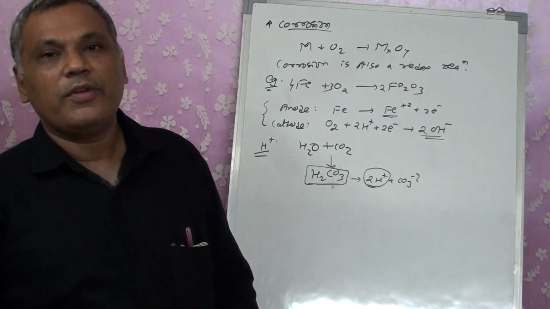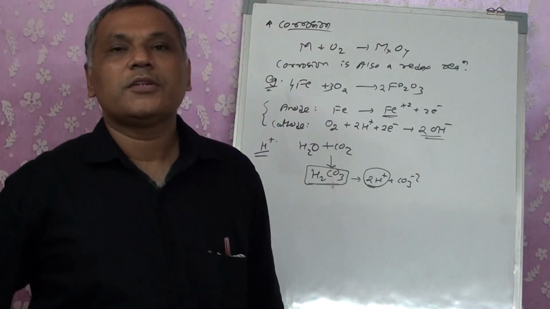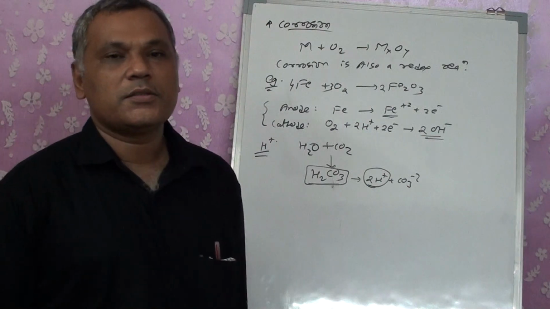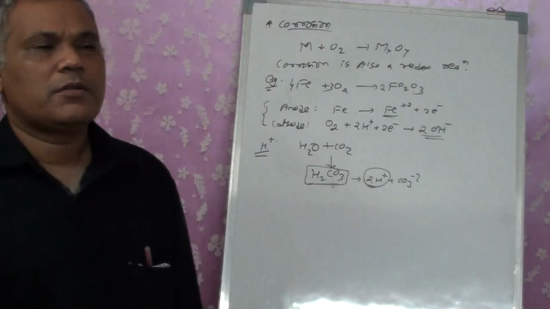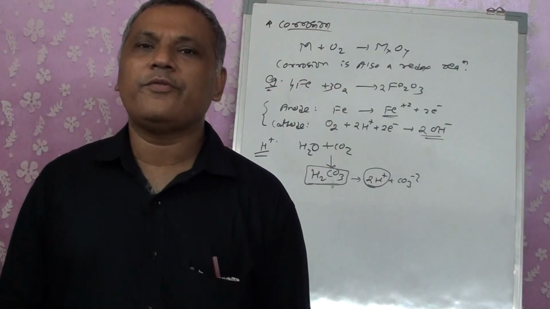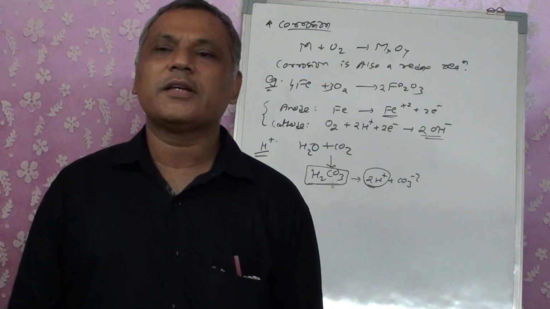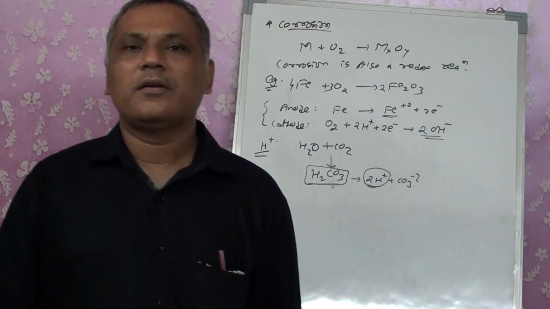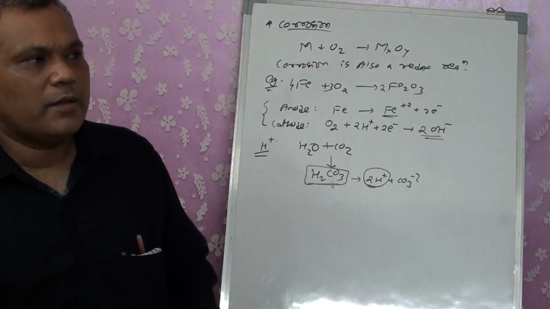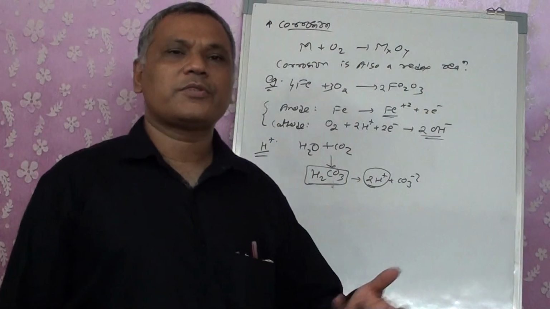Like that, we can have different processes to stop the corrosion of metals. Right? It's very important for us because thousands of crores of rupees are wasted on the corrosion of metals every year by every country. Because when metal gets corroded, again it has to be refined, again the metal has to be separated, again the process has to be done.